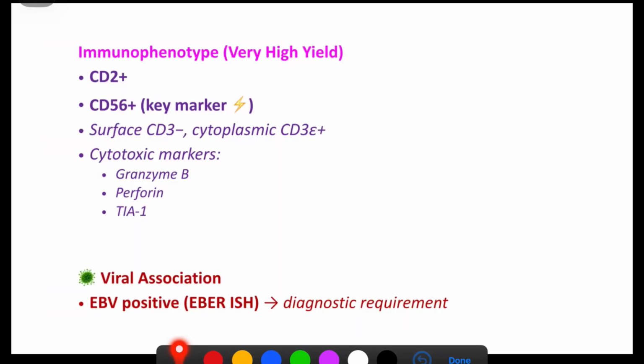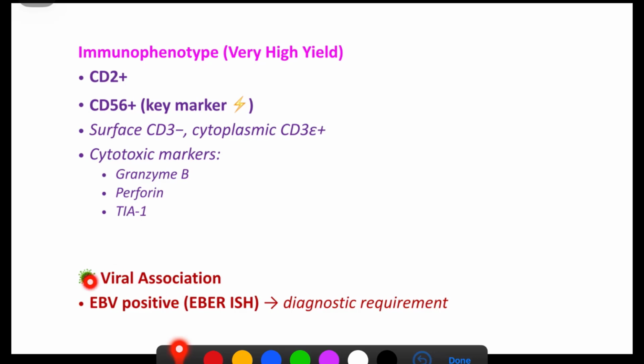Now, immunophenotype, if we see, it shows CD2 positivity, CD56 positivity, which is the key marker of this tumor, surface CD3 negativity, but cytoplasmic CD3 positivity is seen. And cytotoxic markers include granzyme B, which is due to granules of the cytoplasm, perforin, and TIA1.